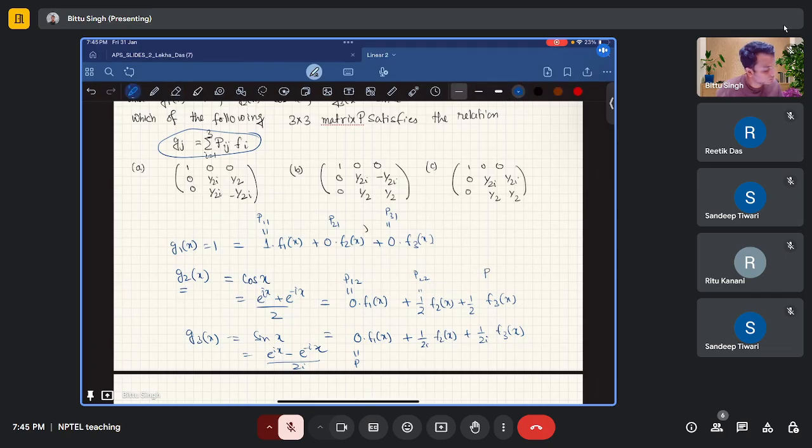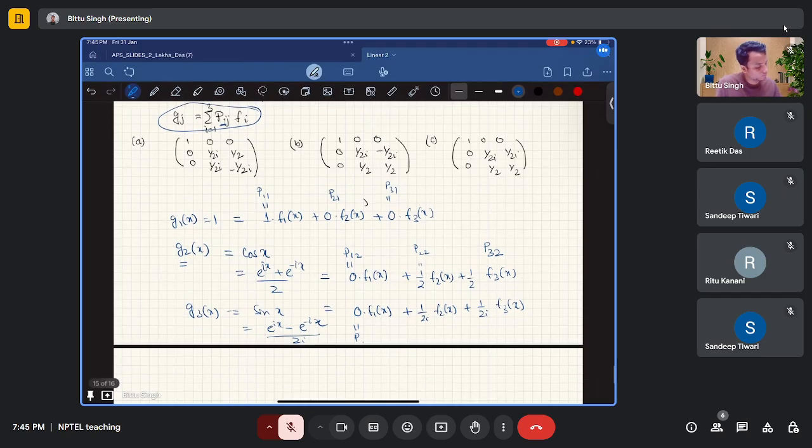The second index is fixed. J is fixed, only i is varying. So P13, P23, P33. Those are the coefficients.